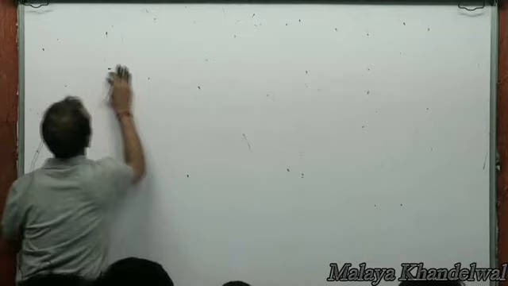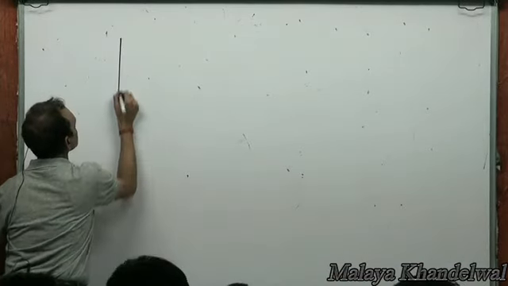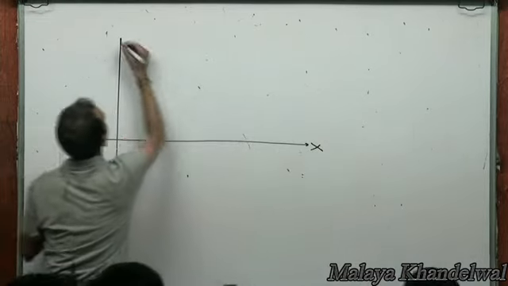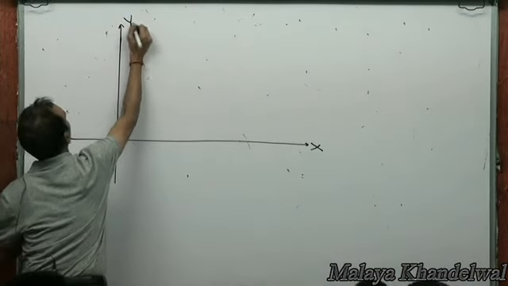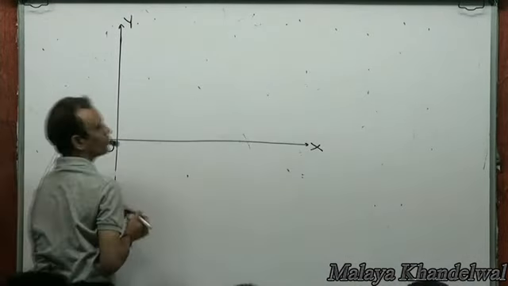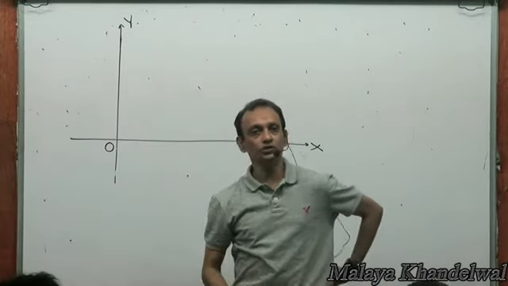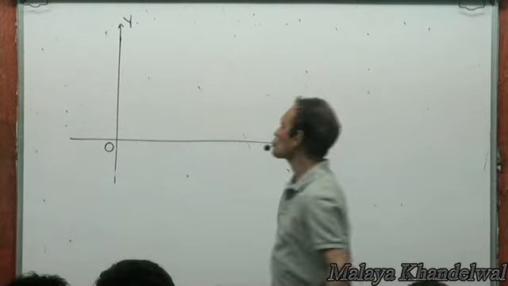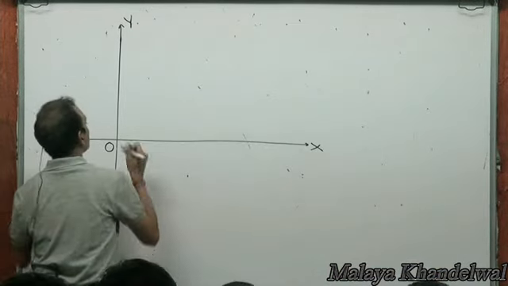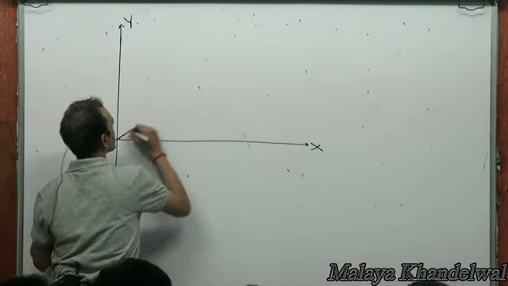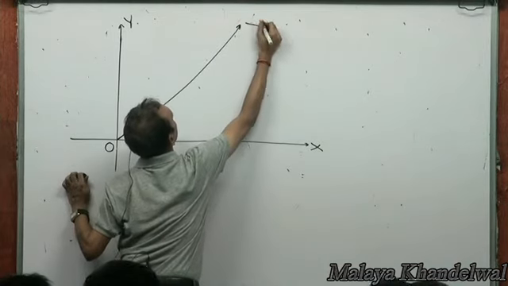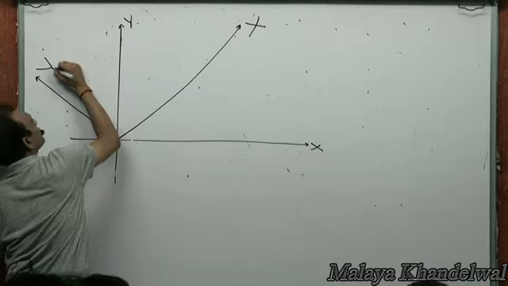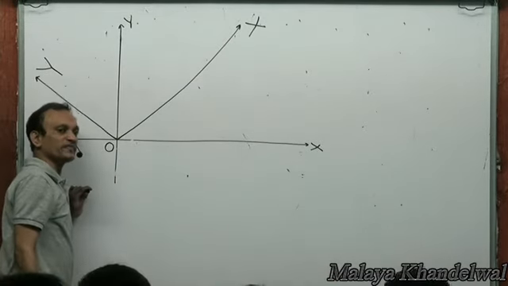Say small x, small y. This is the origin O. I create a new set of axes, say capital X, capital Y, without tinkering with the origin.